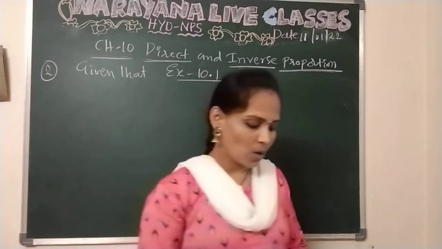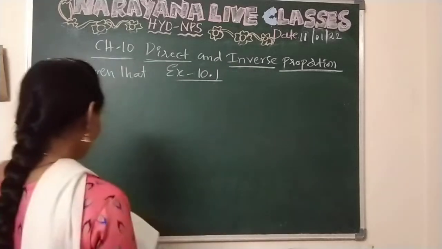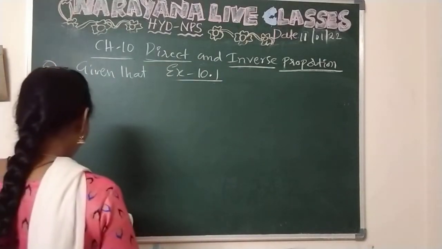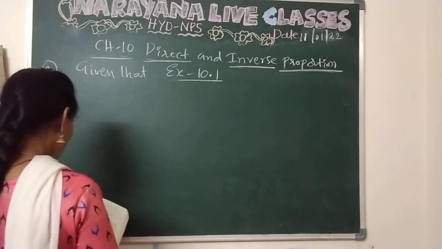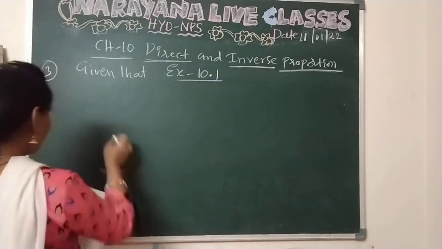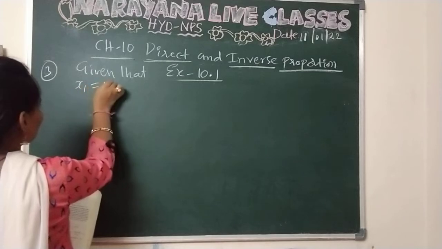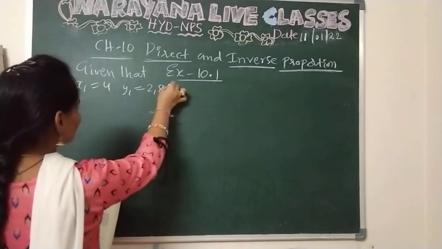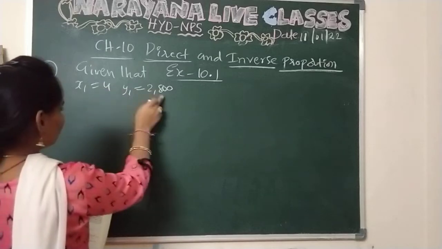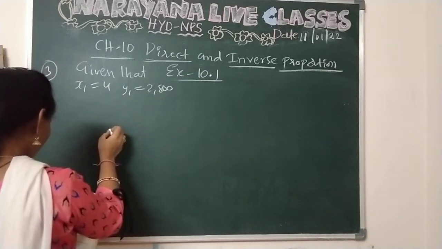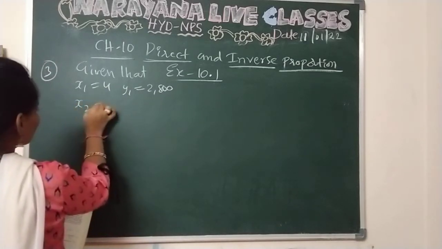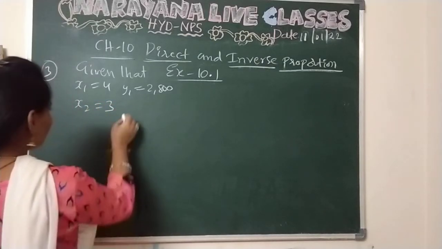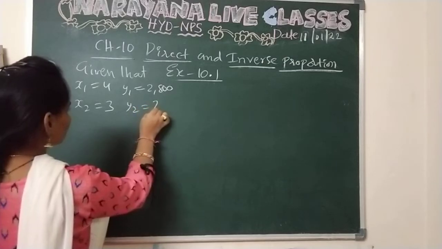Yes or no? Now, the given information for the third one: x1 is equal to 4 family members, y1 is equal to 2800, that is the cost for 4 members. Now x2 is equal to 3. With only 3 family members, what is the cost?